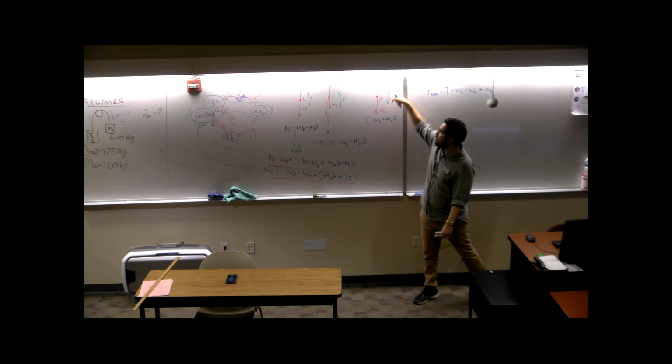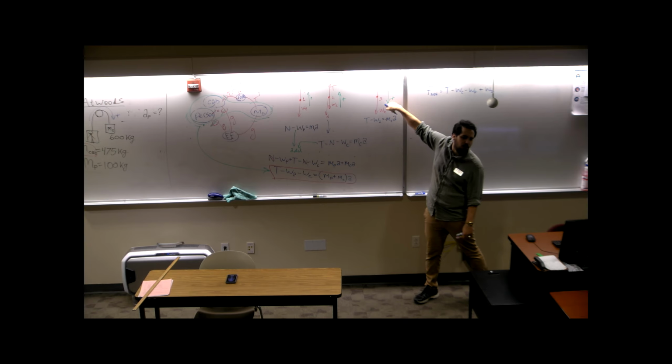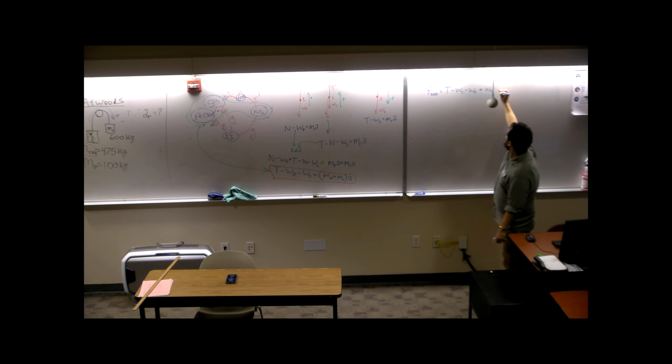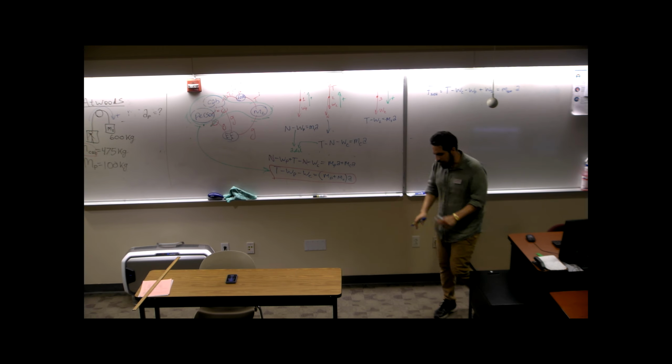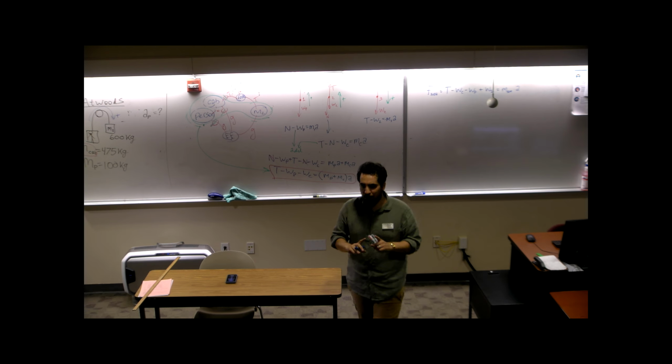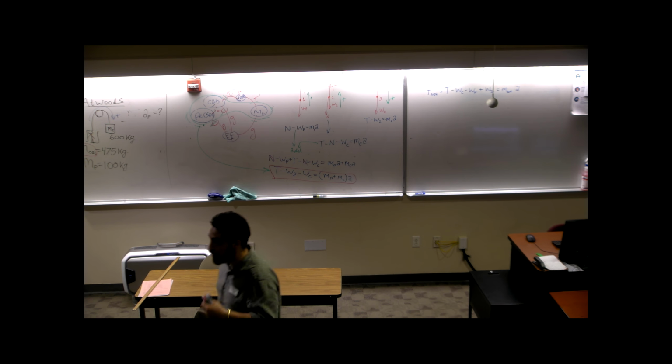Why is it plus? It's plus because I'm defining downward to be positive on that side. Is equal to the total mass times acceleration. So you define all 3 objects to be the same system, and you have an even further shortcut. Now this is tricky. This isn't always going to be something you want to do. But I'm just showing you that it is possible to combine multiple objects into one system.